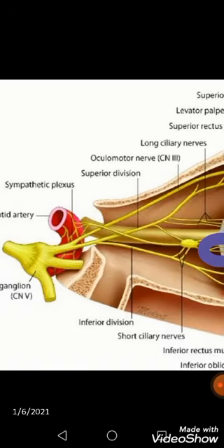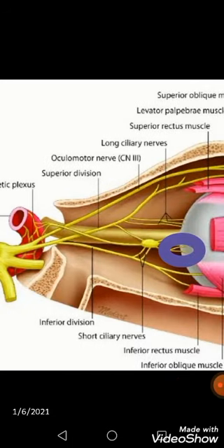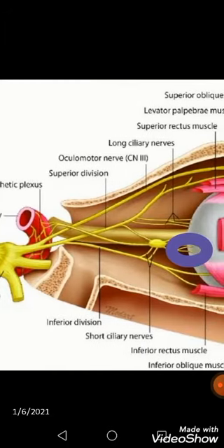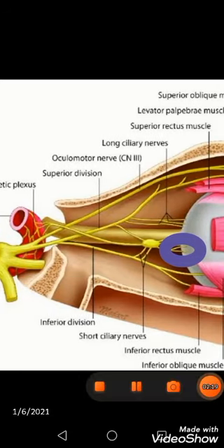And now these fibers coming from your eyeball are also not relaying in this ciliary ganglion. And after that, concentrate on another figure.